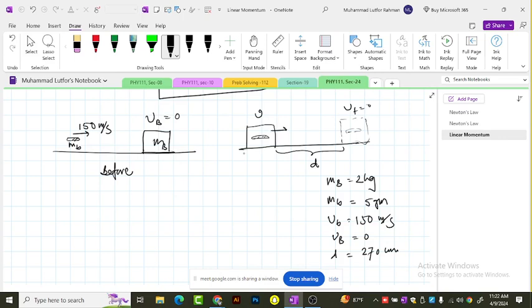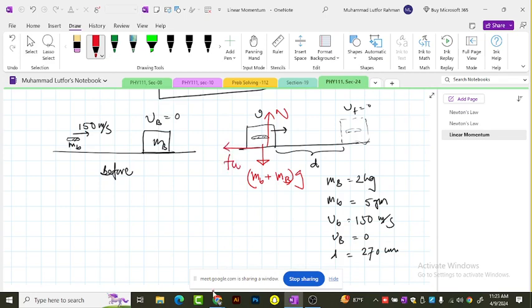So right now, this system, bullet and block, travels 270 centimeter. After traveling, it stops over there, right? It stopped because of this frictional force. If you draw the free body diagram of this object, this should be the weight, the mass of the bullet plus the mass of the block, into g, this should be your normal reaction force, and this should be your frictional force.